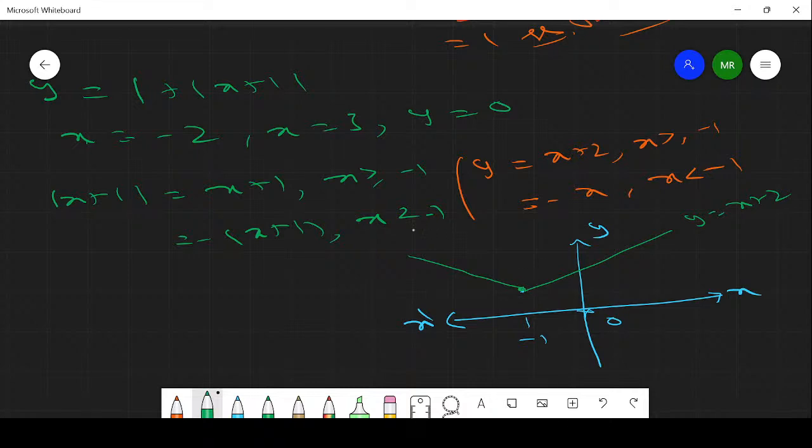They are asking for the area between minus 2 and 3, so I can extend the line x equal to 3 and draw the vertical line.